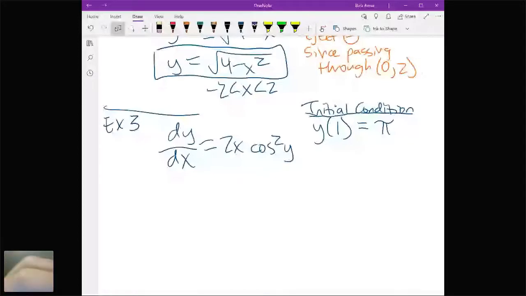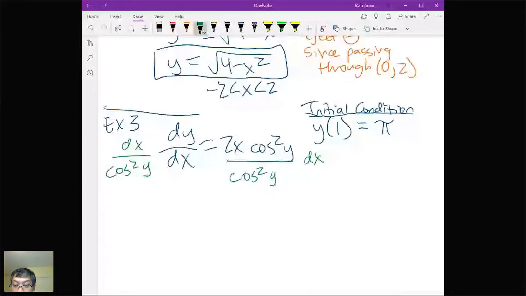If you will permit me to, I divide by cosine squared y. Okay, so 2x equals dy/dx times 1 over cosine squared. And watch out, that's a cosine squared y.